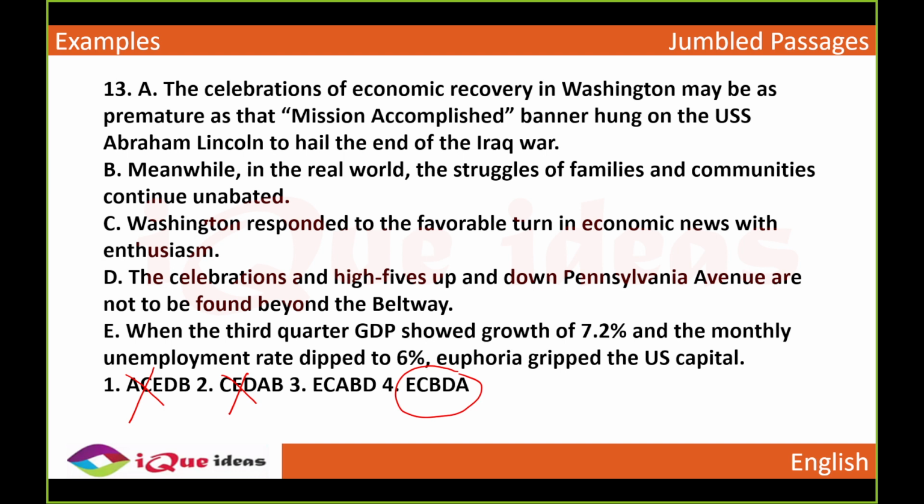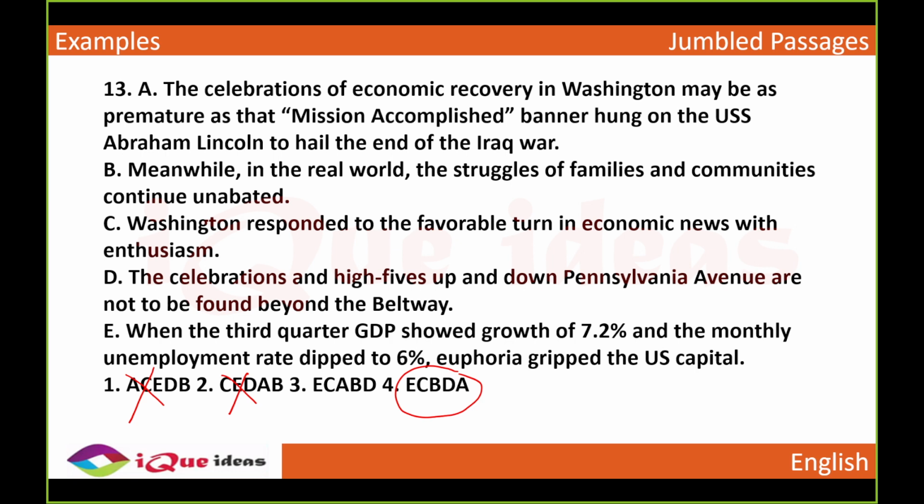E C तो हमको पता है. Then A, the celebration may be as premature as something. Then B, meanwhile in the real world the struggle continues unabated and the celebrations and hi-fives of Pennsylvania Avenue are not to be found. Okay, in some way A B D might seem to make sense.